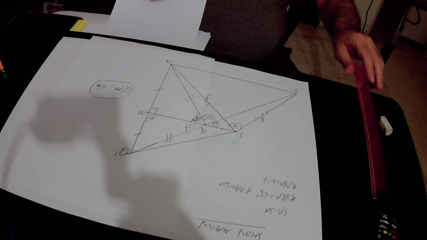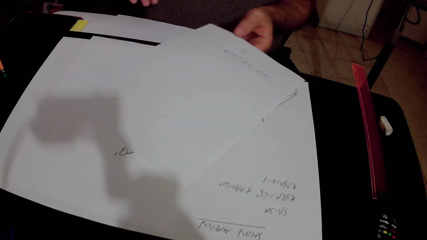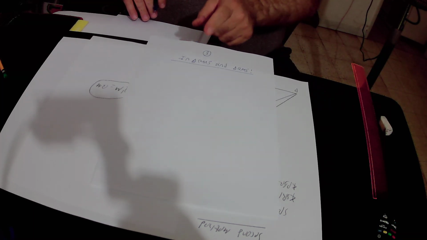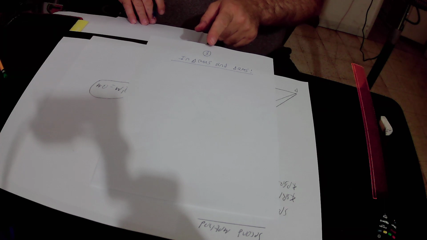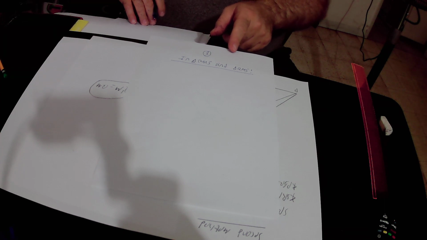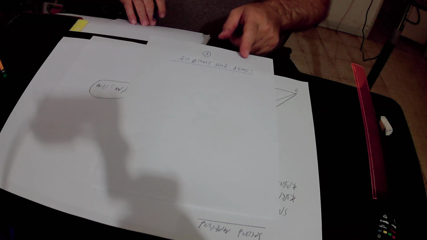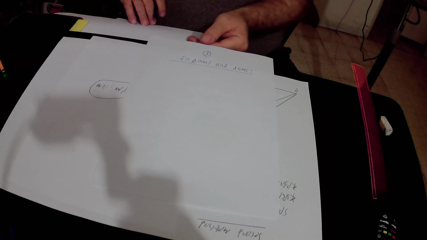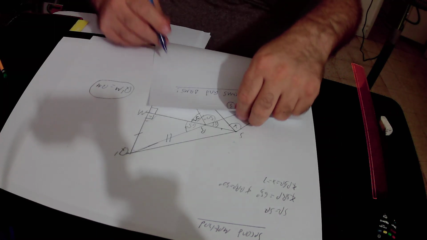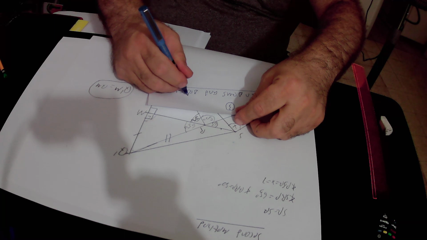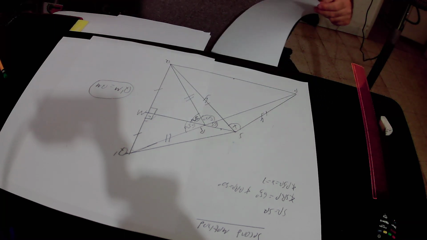Okay, so we will actually prove that the right triangle QMS is congruent to the right triangle Q'MS.